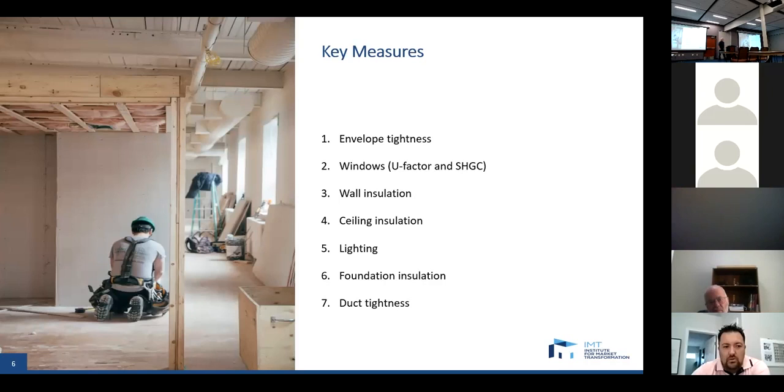If you were to guess, would anybody guess which of those we could improve on the most? Foundation insulation, Kelly?